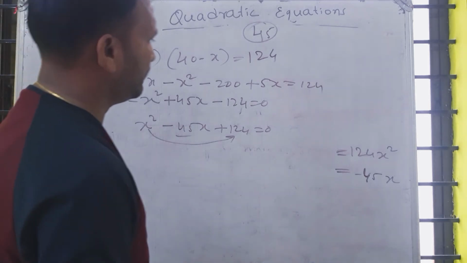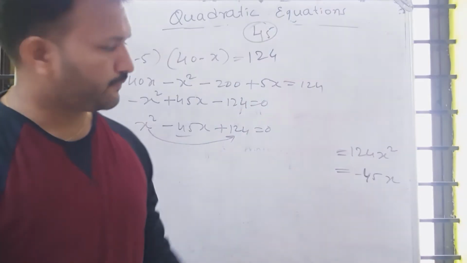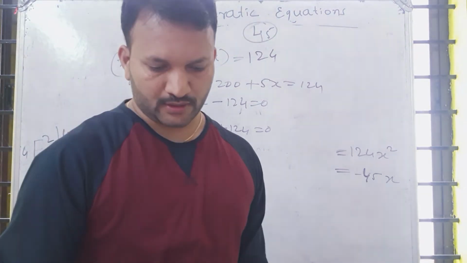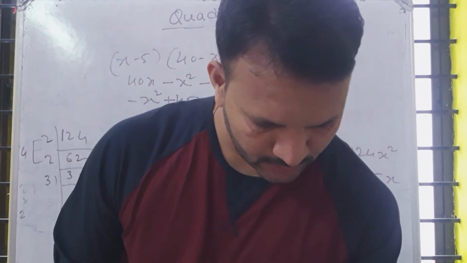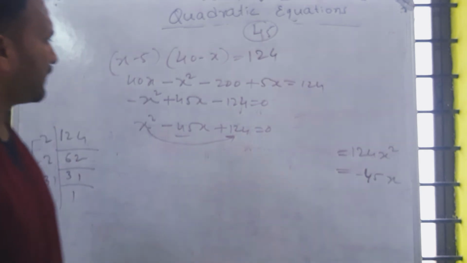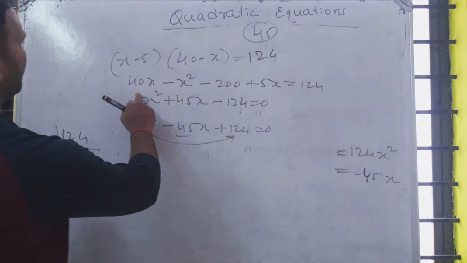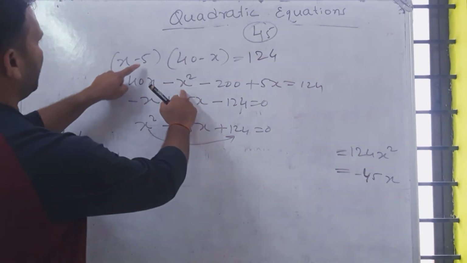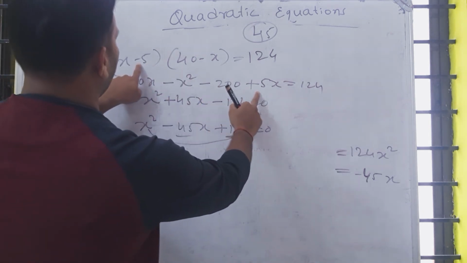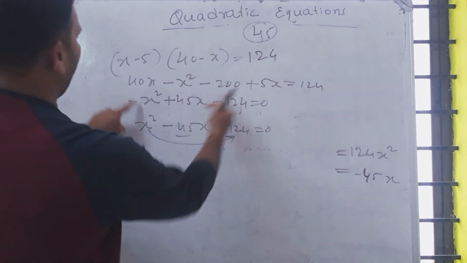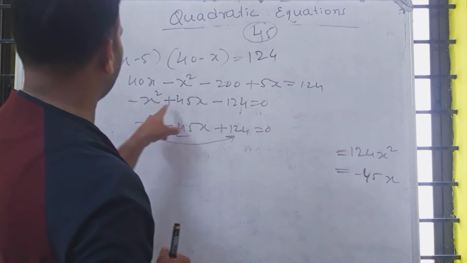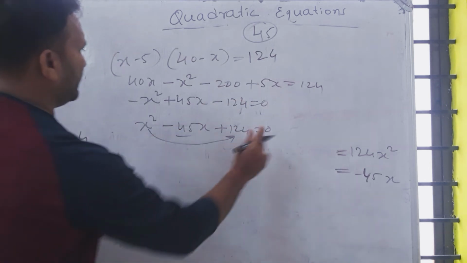We can use another method, the formula method or the completing square method. Let us check whether it is 124 here. 40x minus x square, 200, 5x, 45x minus x square. Here we went wrong.